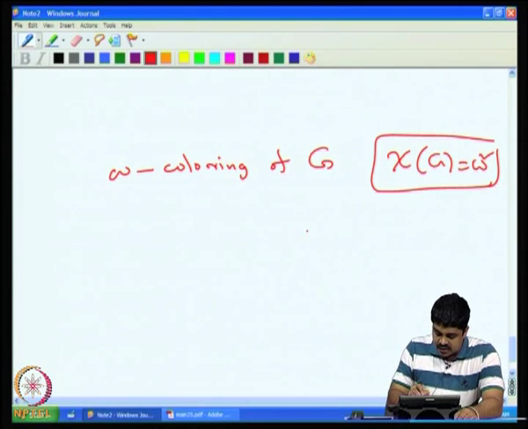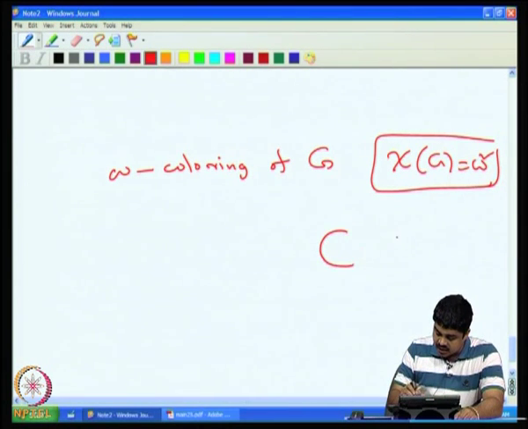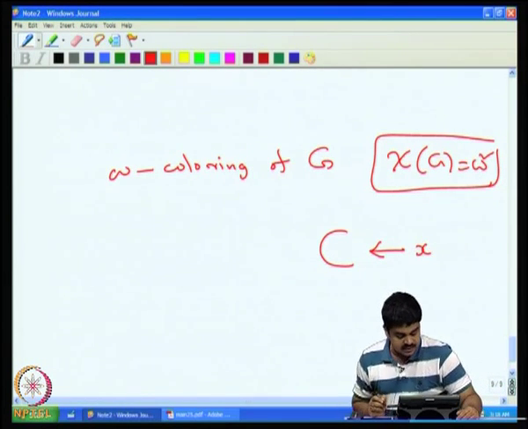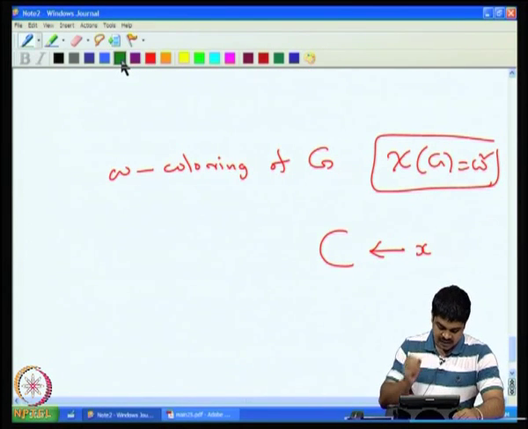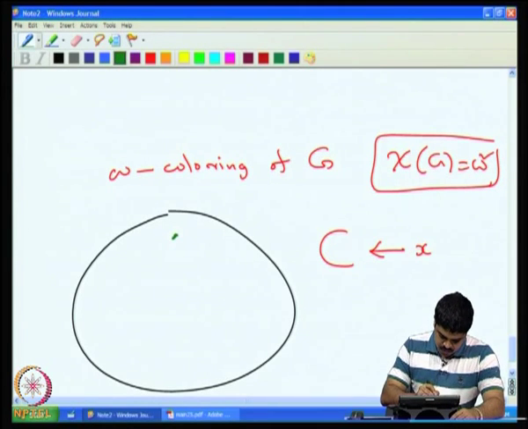So, let us say C is the color class to which x belongs, or it can be, say, this green color class. Maybe I will identify in the graph the green color class. So, see, x belongs to the green color class.